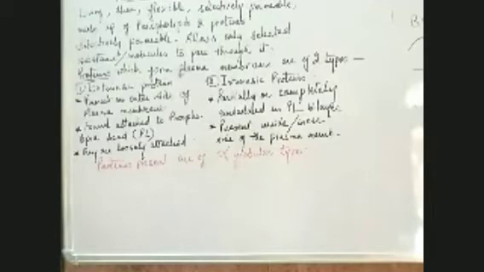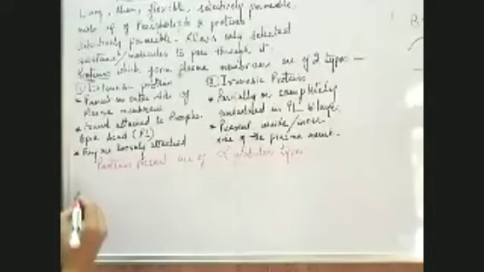So the proteins present in both, whether it is extrinsic or intrinsic protein, are of alpha globular type. Now I'll tell you about the phospholipids.